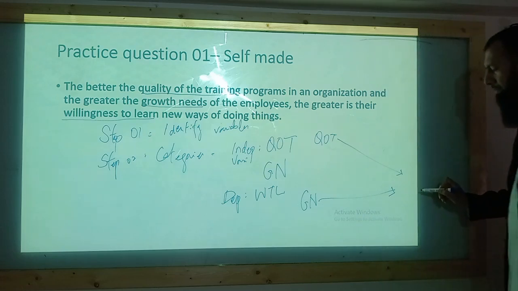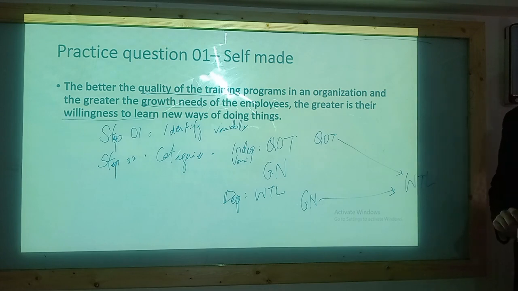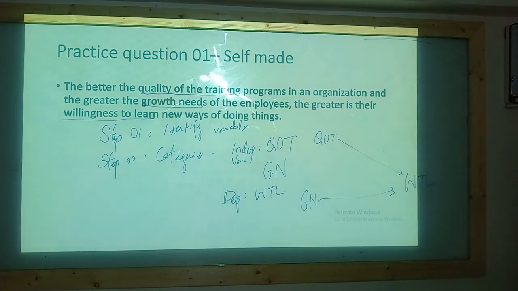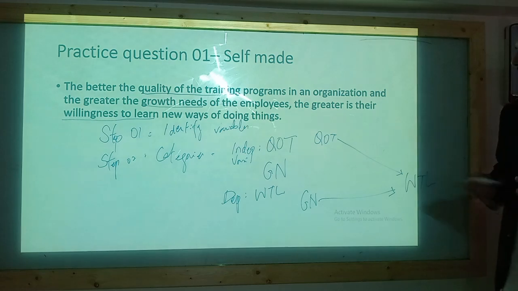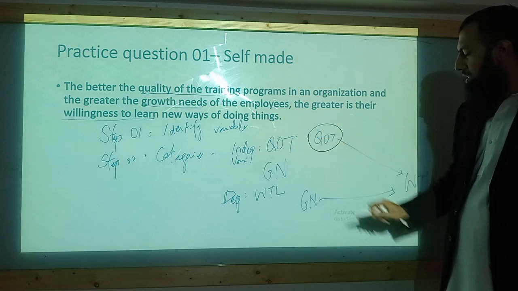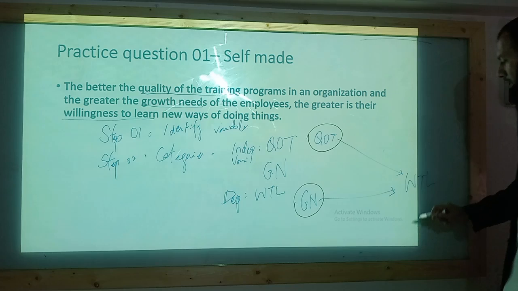Is it correct? You see, quality of training is the first independent, and the other one is growth need, and the dependent variable is willingness to learn.